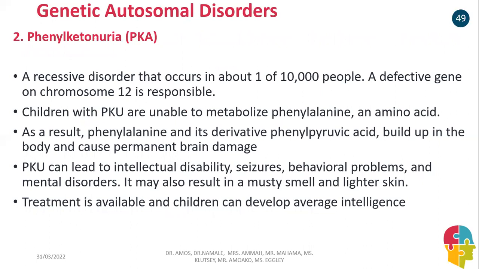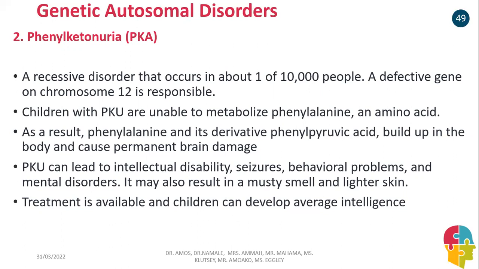Then we have phenylketonuria. It is also caused by a defective gene, on chromosome 12. Now, children with phenylketonuria, because it affects children the more, are unable to metabolize or break down a type of amino acid called phenylalanine.